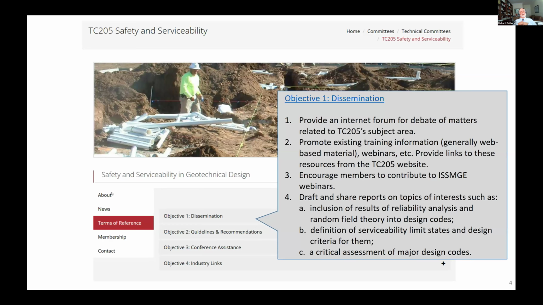So, for example, in terms of dissemination of information, we want to provide a forum for debate on our mission topics, training information, encourage members to contribute to webinars, such as what we're doing now, and share materials, for example, on random field theory and serviceability limit states, etc. And most importantly, a critical assessment of major design codes.